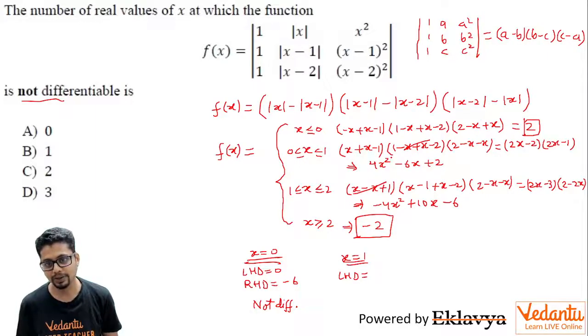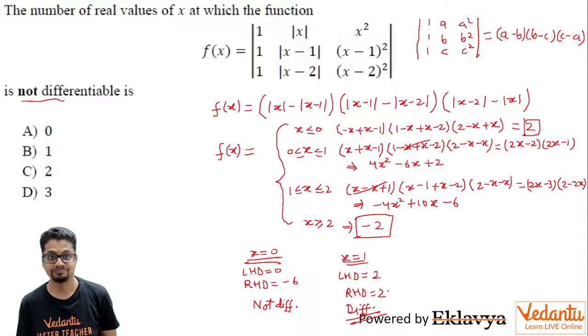So you differentiate and put x to be 1: 8 minus 6, you get 2. What about the right hand derivative? You get minus 8 plus 10, you get 2. Interesting. At x equal to 1, f of x is differentiable. So it is a very good question, in my opinion.